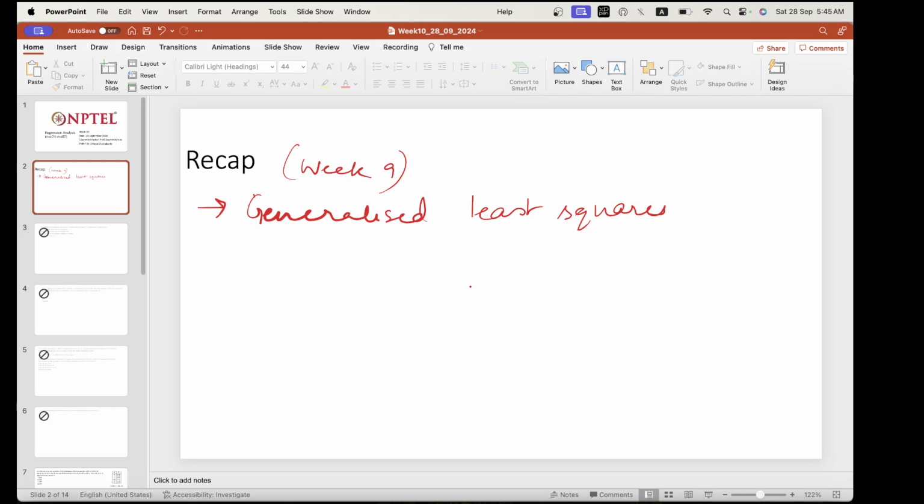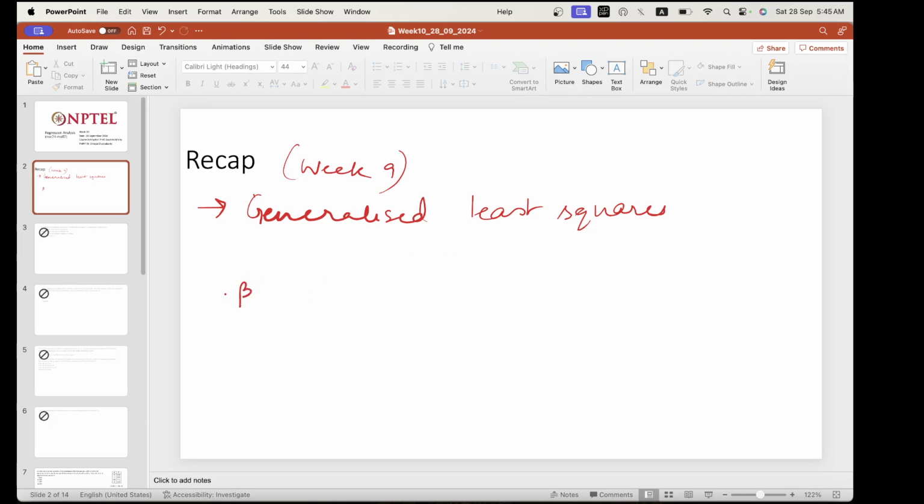situations where we found that there was a certain kind of deviation from the assumptions of a linear model, then we used generalized least squares, and it is very similar to the OLS in the sense that they just incorporate an extra term in the middle.